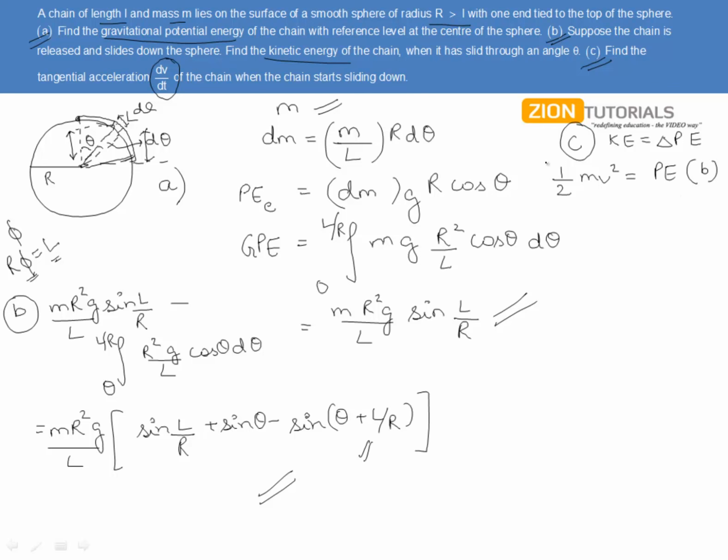Now let us differentiate this expression with respect to time.